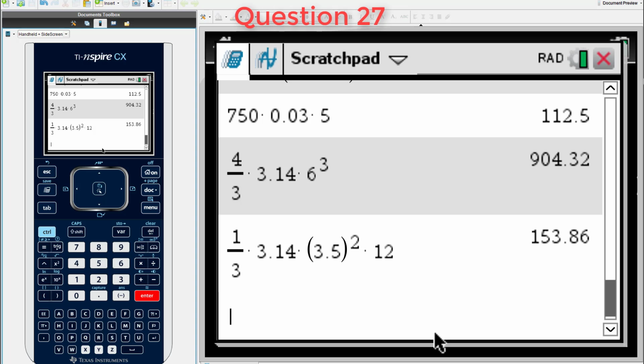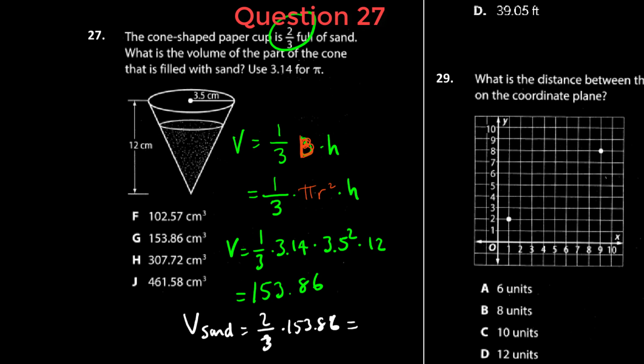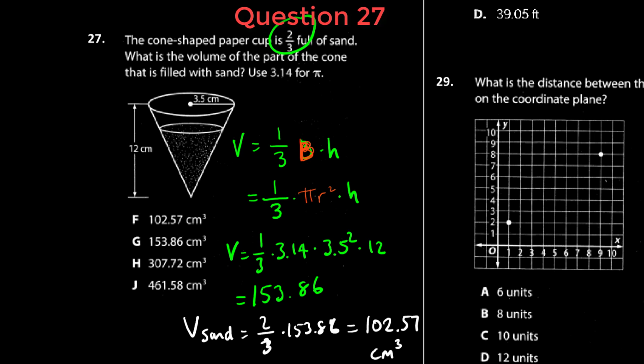So the volume of the cone is 153.86. But the volume of the sand that we have in is 2/3 of this amount, which is 102.57 cubic centimeters. So the correct answer that we will pick is F.